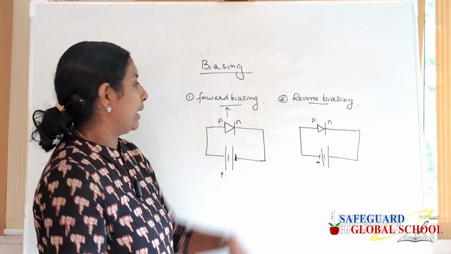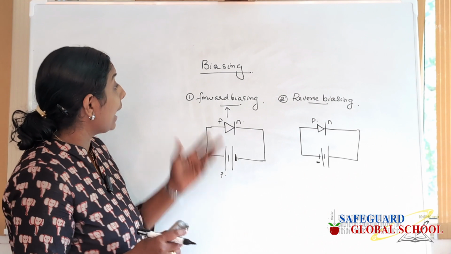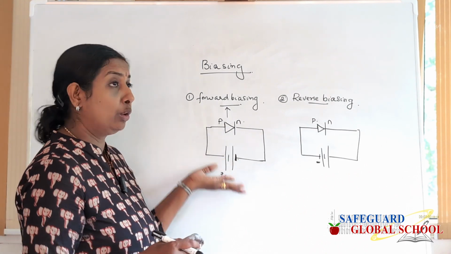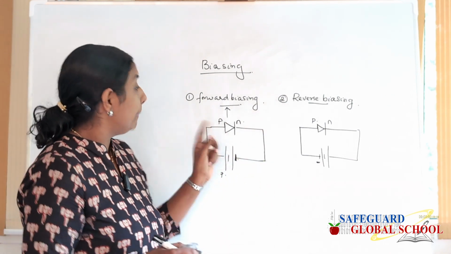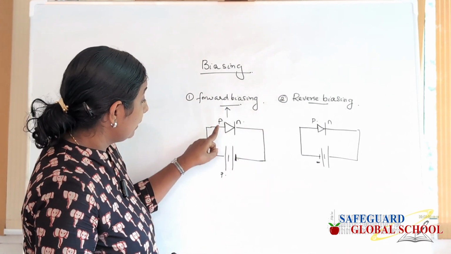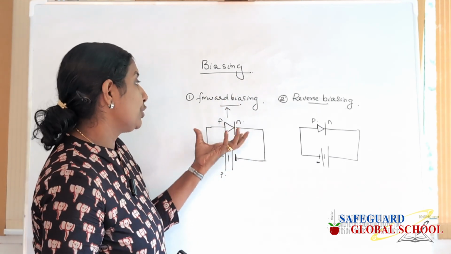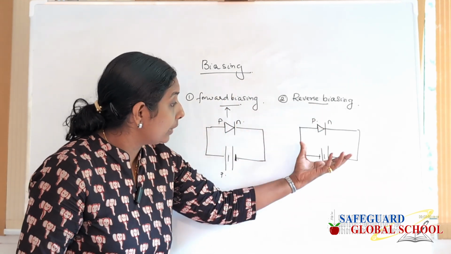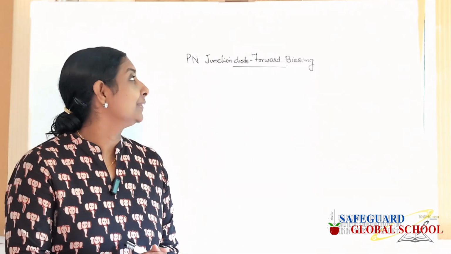So this is what is meant by reverse biasing. Now we have to study what happens inside a PN junction when we apply a battery in forward biasing, and when it is reverse biased. These are the things that we need to study.